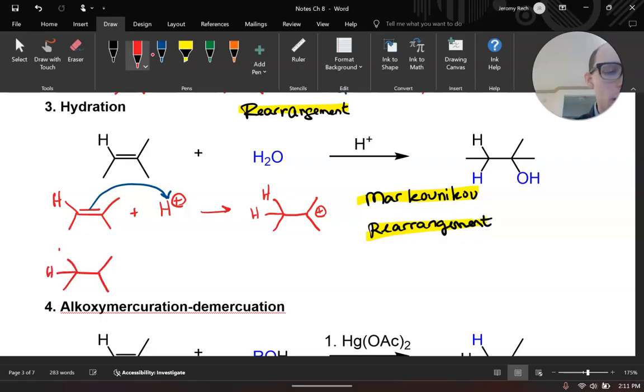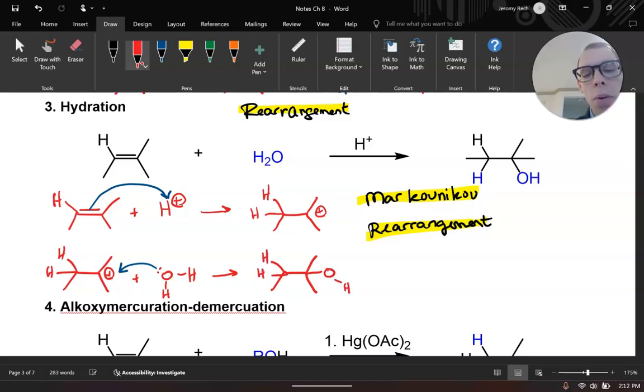So draw that same general structure, and I can then consider water. And water can then come in and attack that carbocation. And when it does that, we will generate an oxonium-like structure.